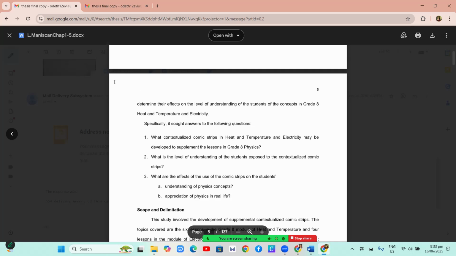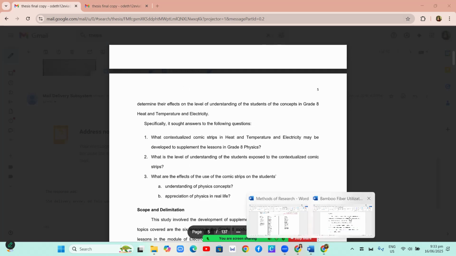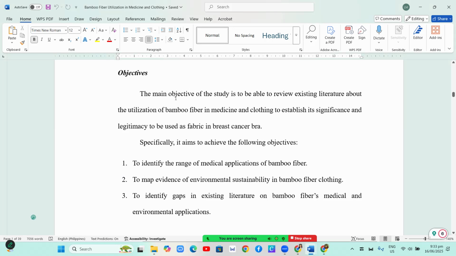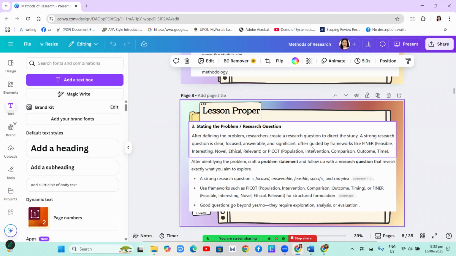Okay, and in my bamboo fiber objectives, they are written as sentences and not as questions. So you can use objectives or research questions in crafting your research problem. Okay, so now let's go back.